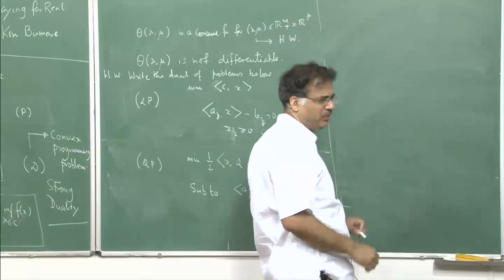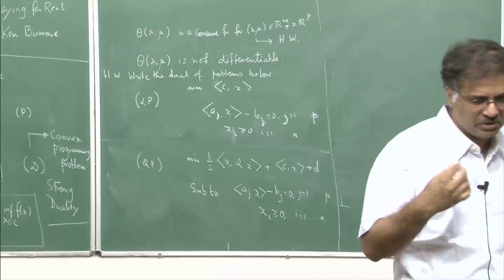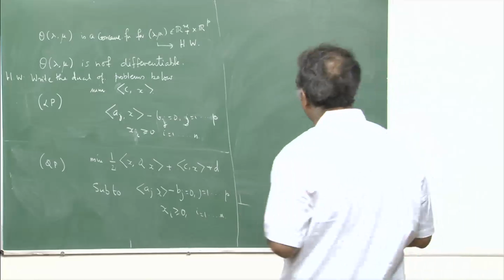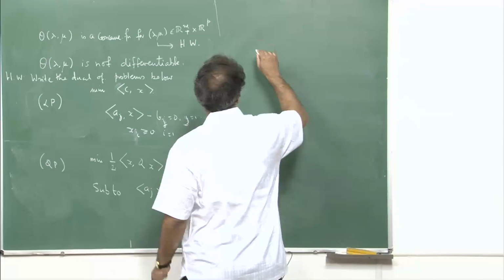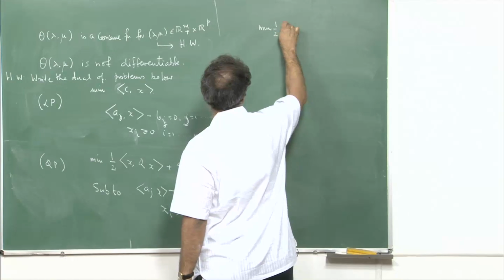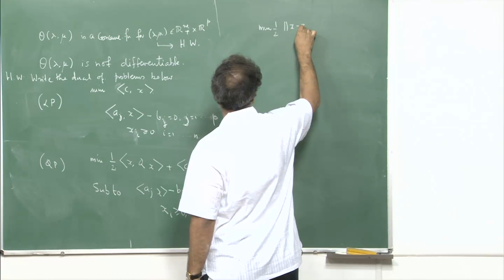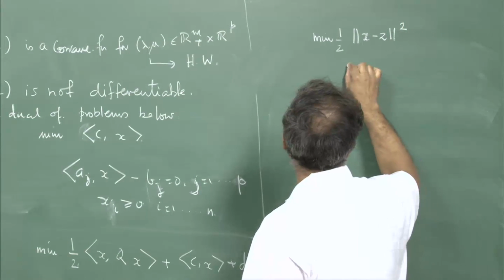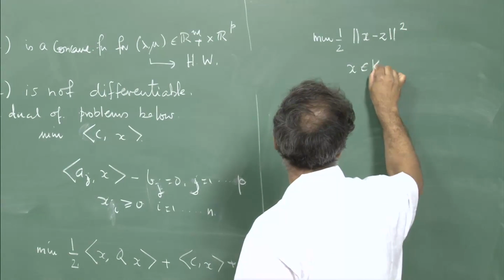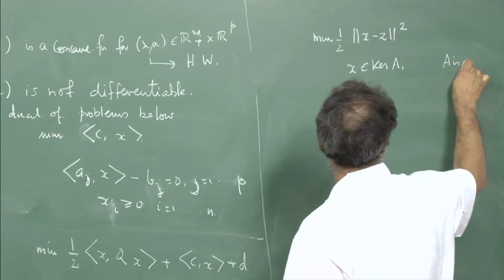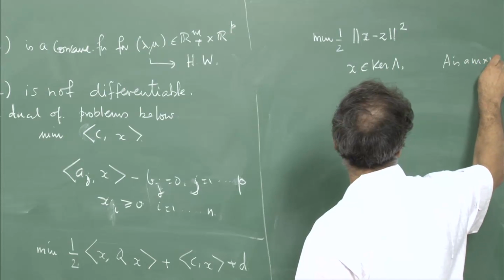You can take m cross n matrix also, but let us just take n cross n matrix if you want, or if you are comfortable with m cross n, we will go for m cross n. Okay. So, I am looking for the projection problem, that is I am trying to find the distance between z and x where x belongs to kernel of A, where A is an m cross n matrix.